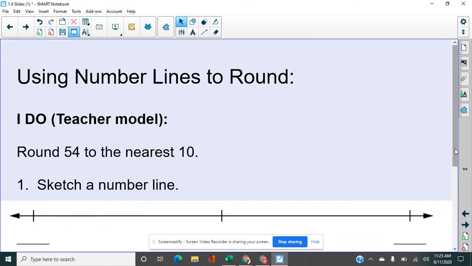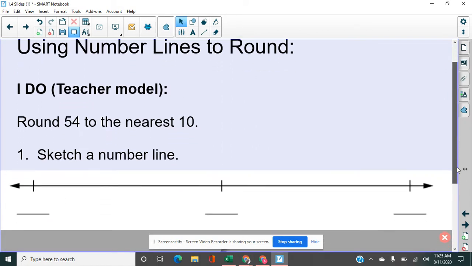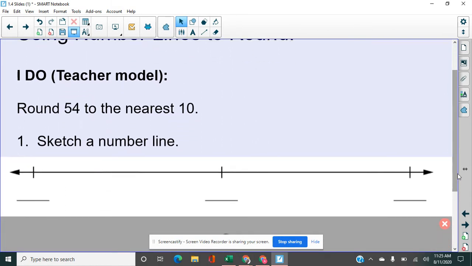All right, so here's what we're going to do. Here's the first question. The first question says to round 54 to the nearest 10. So we're going to be rounding this number. So if I think about 54, and if I think about what are the multiples of 10 that are around 54, right? When I count by tens, 10, 20, 30, 40, 50, 60, 70, 80, 90, 100.